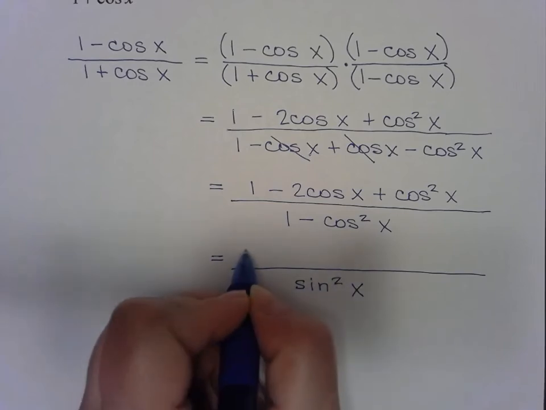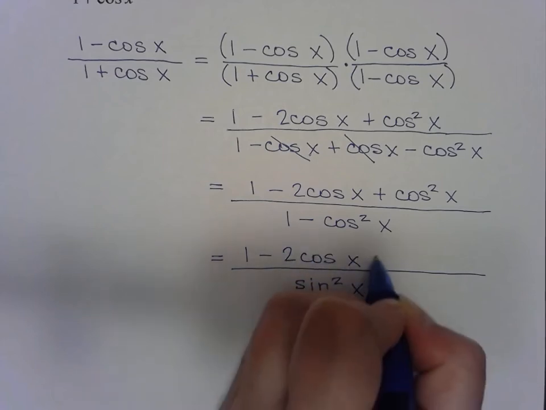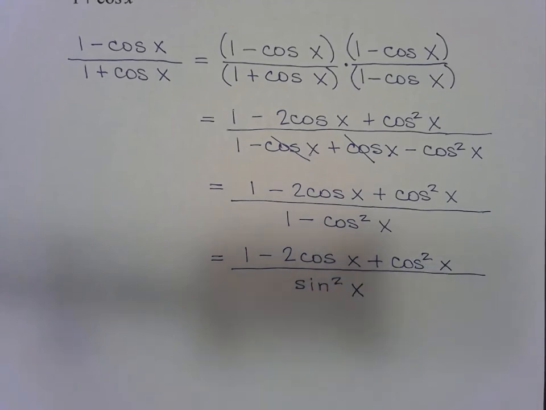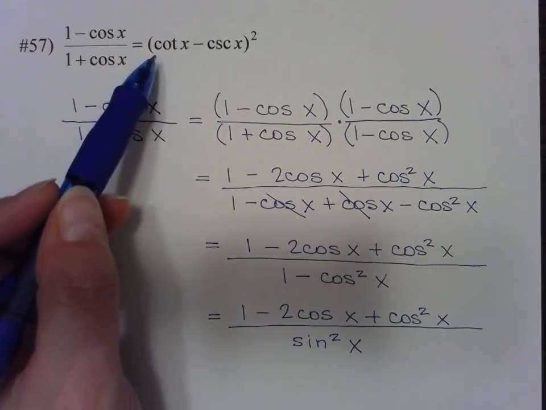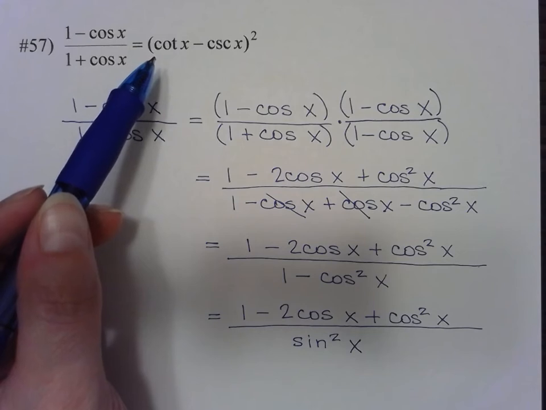We've drawn that out a couple times, so I'm not going to draw it out this time. Okay, so let me pull this down. This is our goal. Can you start to see where the cotangent and the cosecant are going to come from?